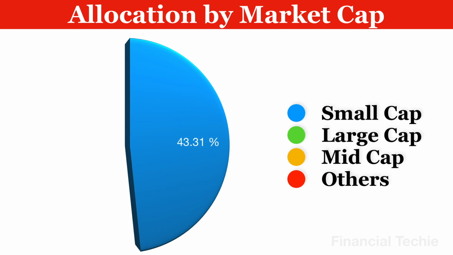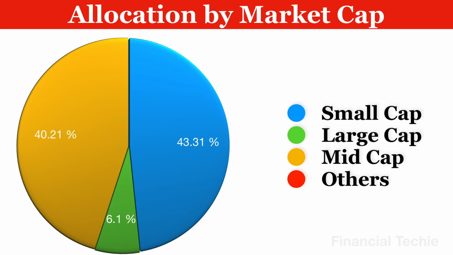Since it's a small cap mutual fund, it is investing 43.31% of the fund in small cap stocks. Nearly 6.1% is being allocated to buy large cap stocks. The remaining 40.21% is being allocated to buy mid cap stocks. In general, the small cap companies will turn into mid cap when they grow more.